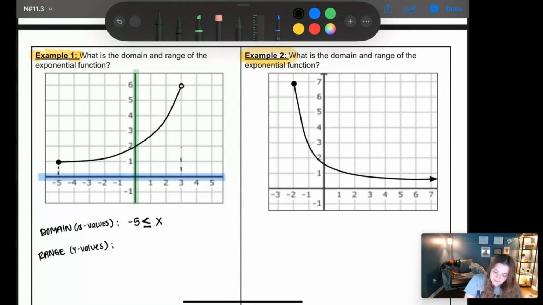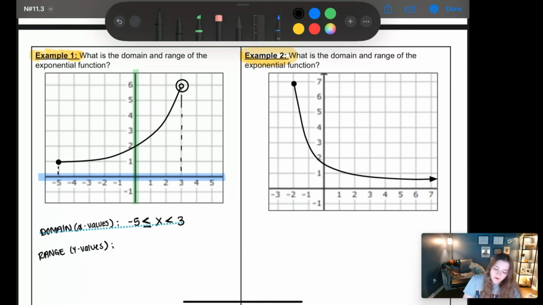See where it stops at the right. And it is at +3. But notice my point is no longer filled in. So x could be less than 3, but it couldn't be 3 because 3 is not included. But our full domain is -5 to +3.